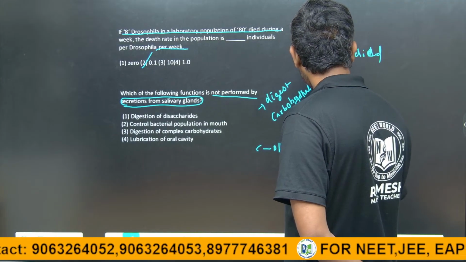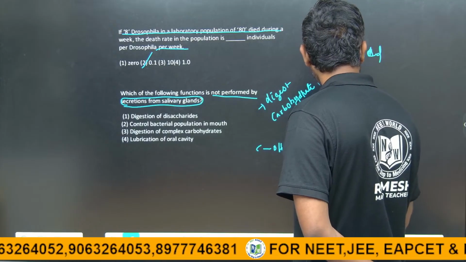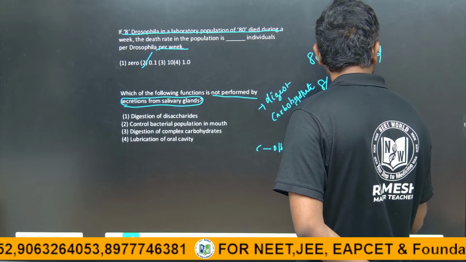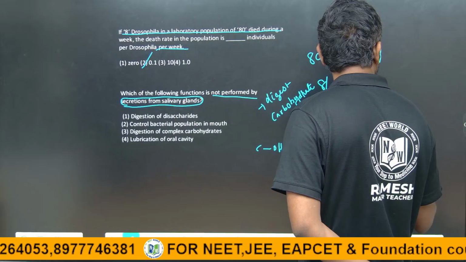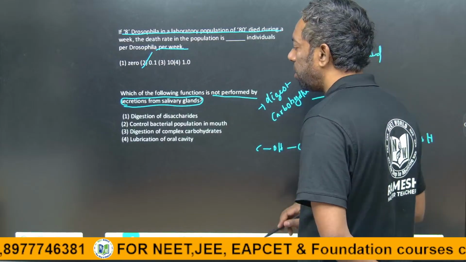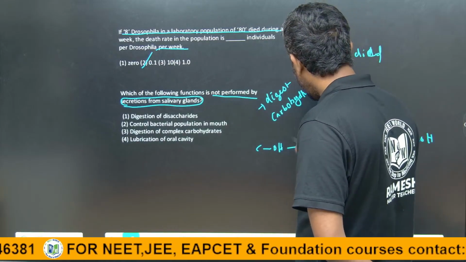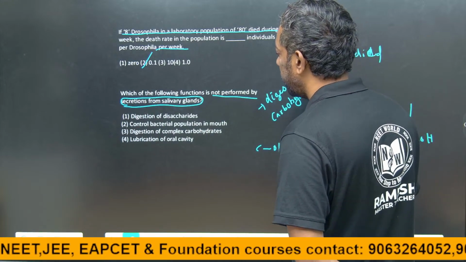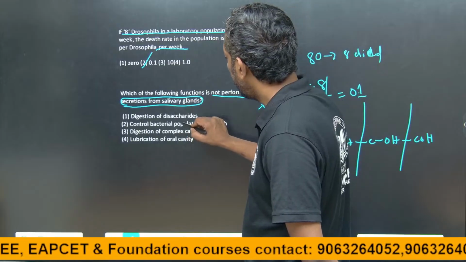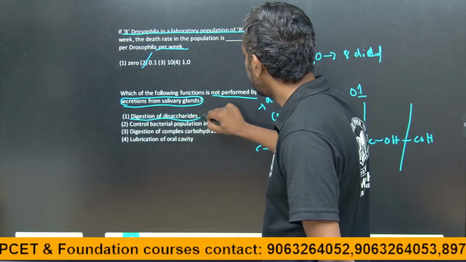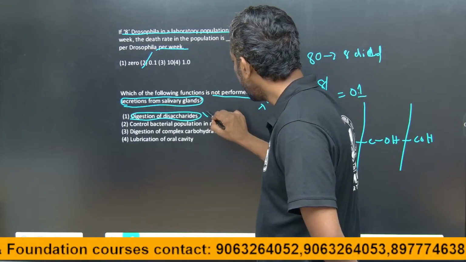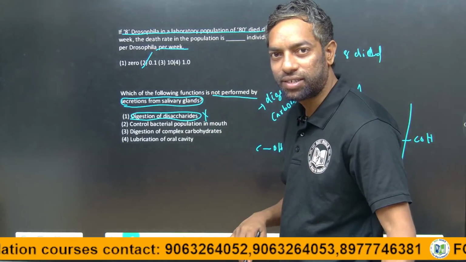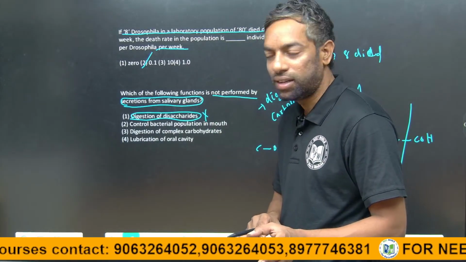It is a long chain, guys. Initially this long chain is broken down in the mouth with the help of saliva. It breaks into disaccharides, and there is no further digestion of the disaccharides in the mouth.